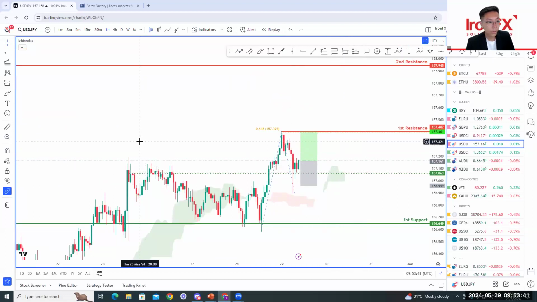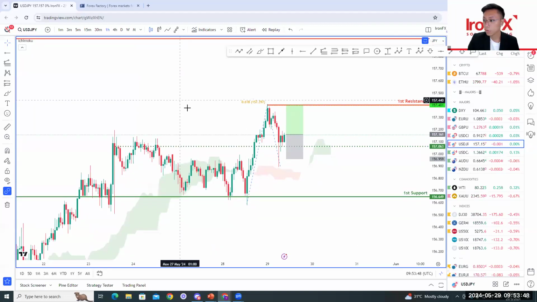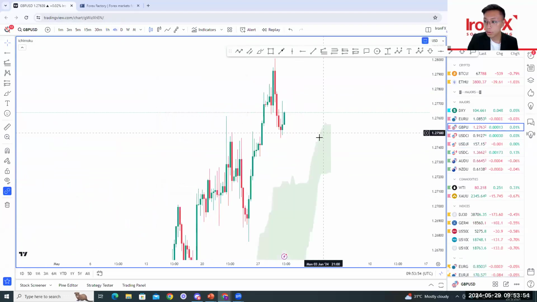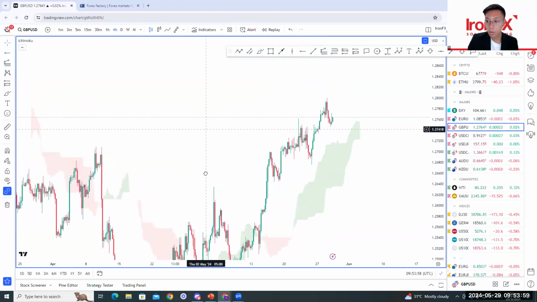Yeah, it'll be rather risky. Yeah, so Scarlett, you will have to take note of that. For myself, I wouldn't want to enter UJ as of right now. Let's take a look at maybe GU. Let's see. GU is rather messy too.